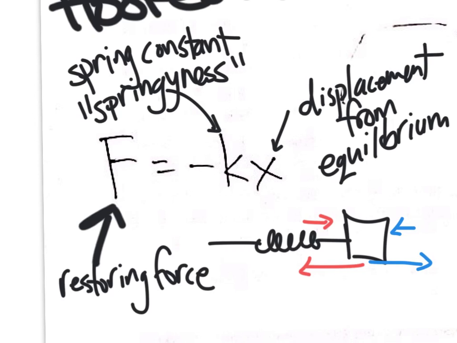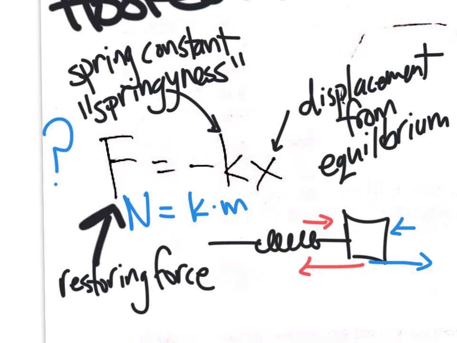So for the springiness, you can think about, what would the units for spring constant be? Well, I know that force has units of newtons, and I know that displacement or distance has units of meters.